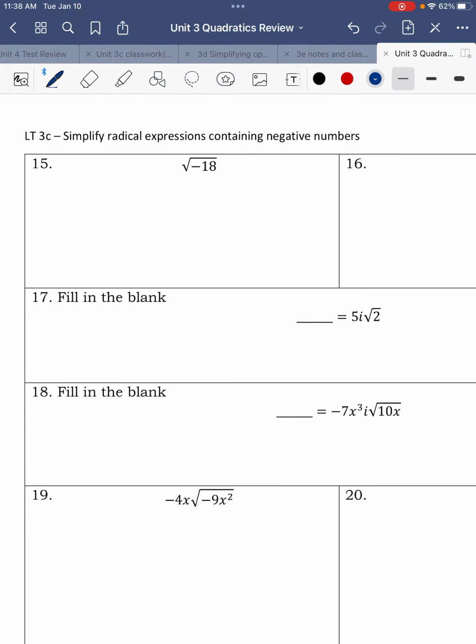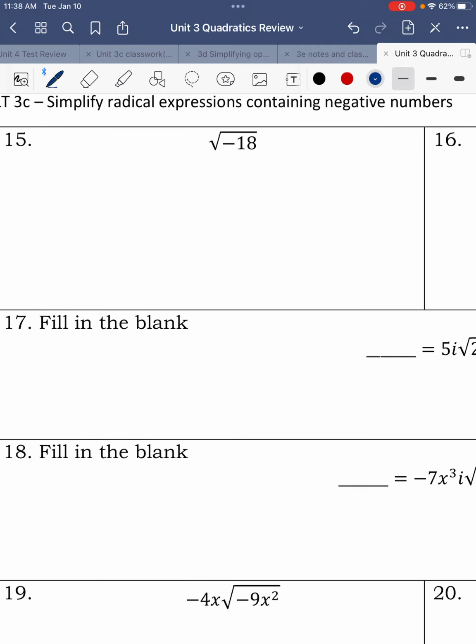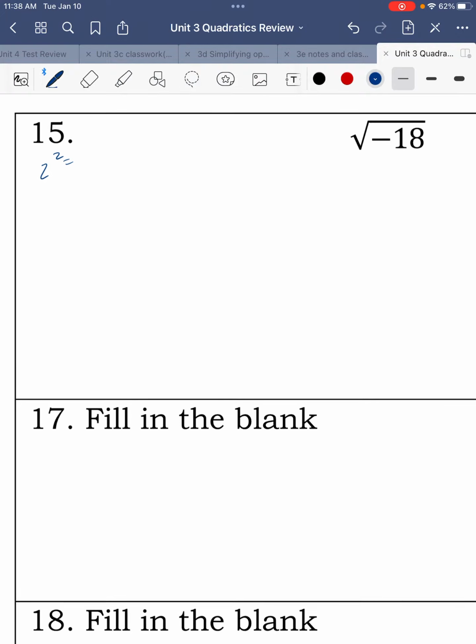So on 3C, we are simplifying radicals containing negative numbers, so the square roots predominantly, or that's what we're doing for this. So I have to think about perfect squares, so always think about perfect squares.